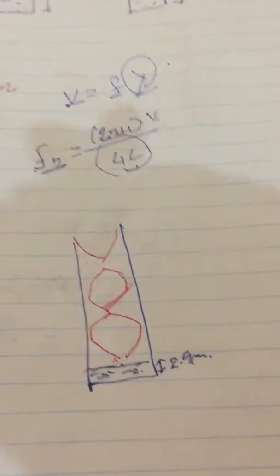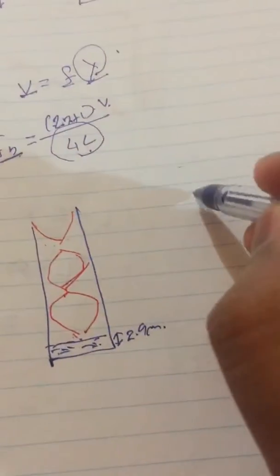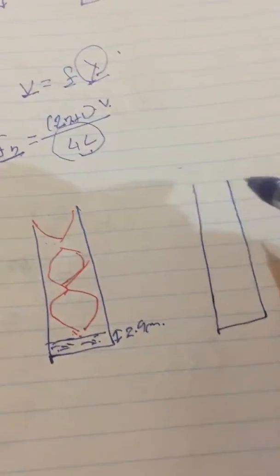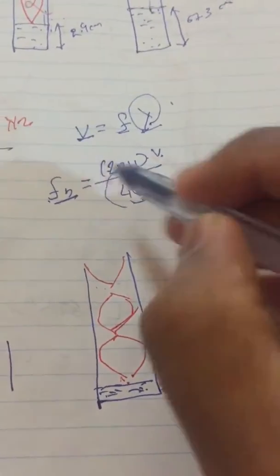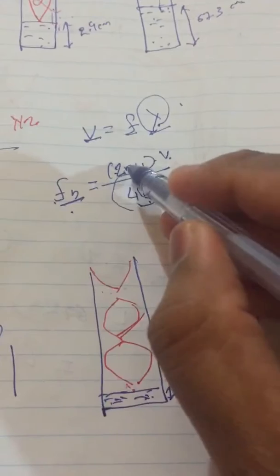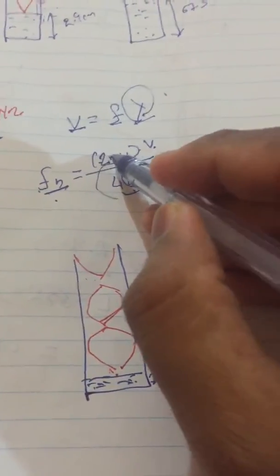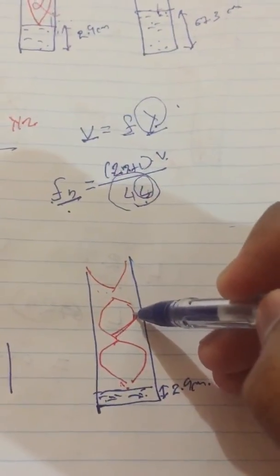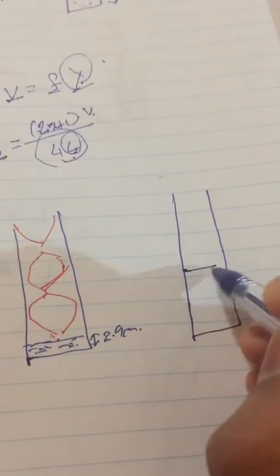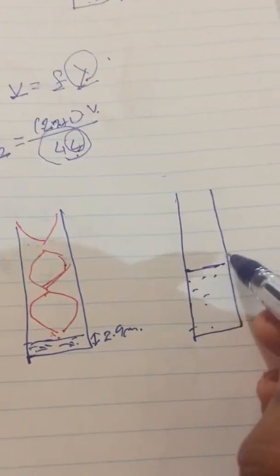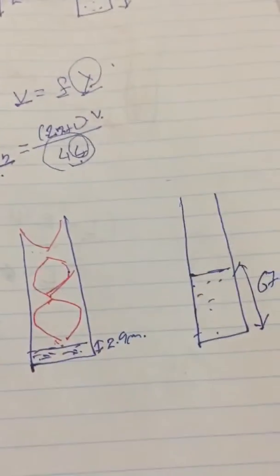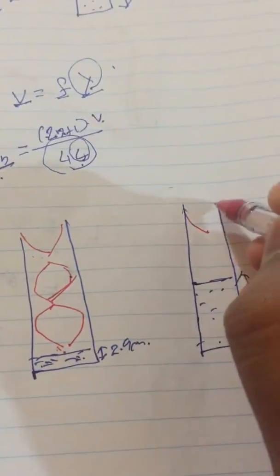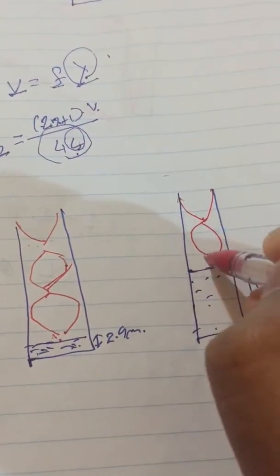So let's say this is the third harmonic. When the length decreases but the frequency is kept constant, then the value of n should decrease. So the next possible one will be the second harmonic, because the length is being decreased. So let's say 67.3 centimeters. The possible pattern should be the second harmonic.